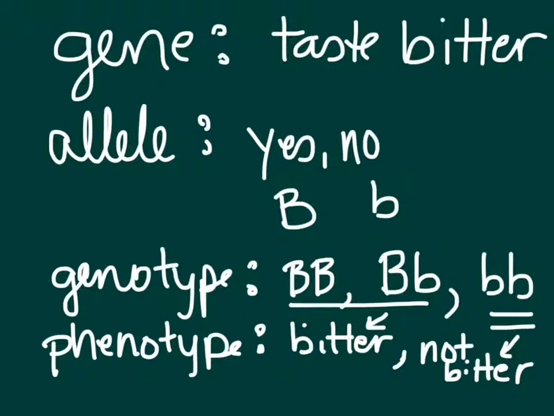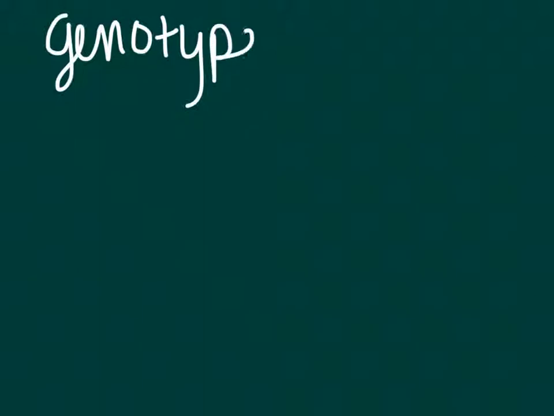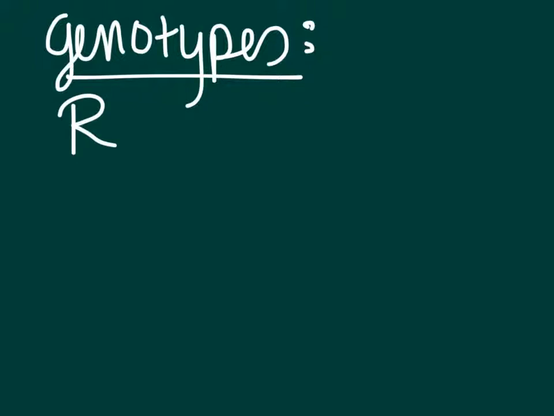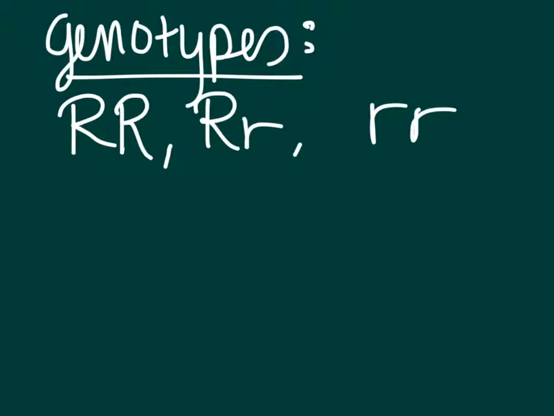So I'll give you an example of the potential types here. And this should be, for most of you, pretty simple to figure out. You can actually genotype your entire family very easily. Either you're a tongue roller or you're not. Those are your two alleles, tongue roller or not. The ability to roll one's tongue is dominant.